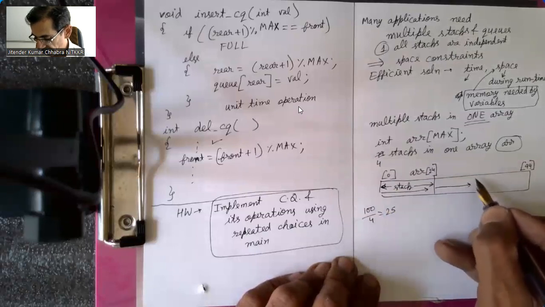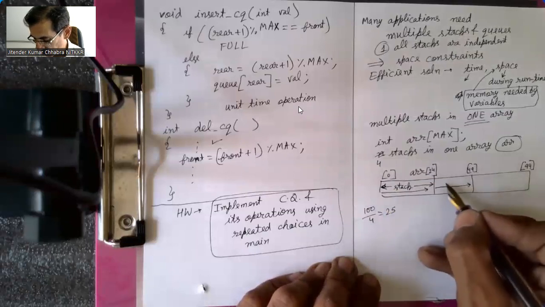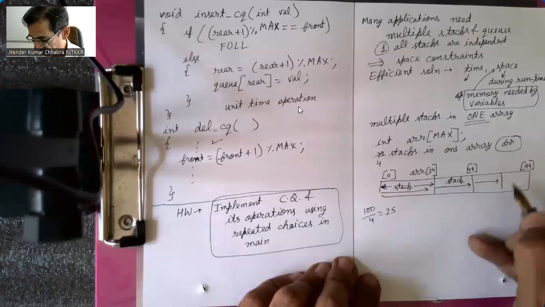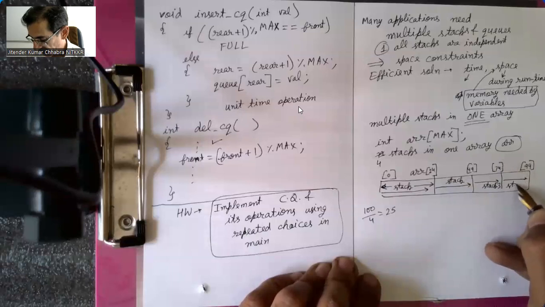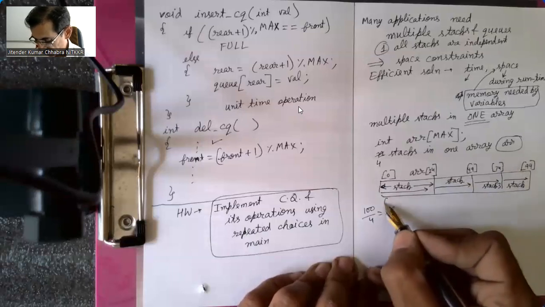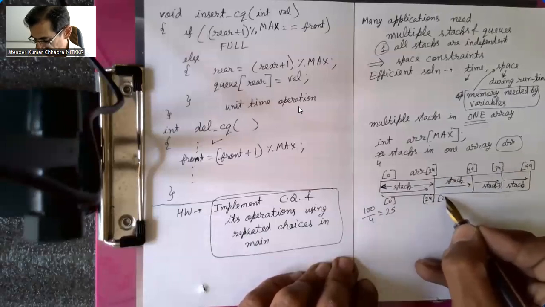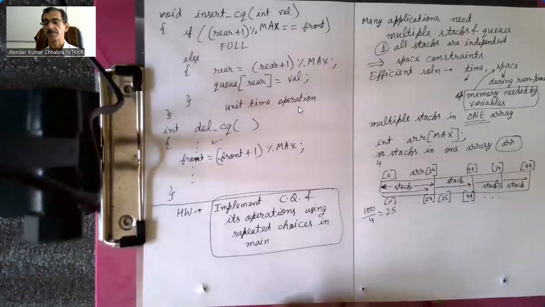Then I can have similarly 25 to 49 as stack 2, 50 to 74 as stack 3, and 75 to 99 as stack 4. So effectively, I have precisely divided the total space into equal area for each of the stacks, and through that, I'm able to do that.